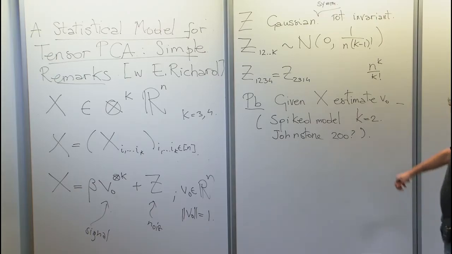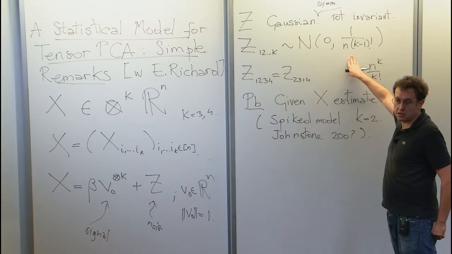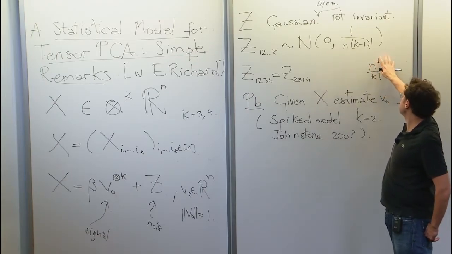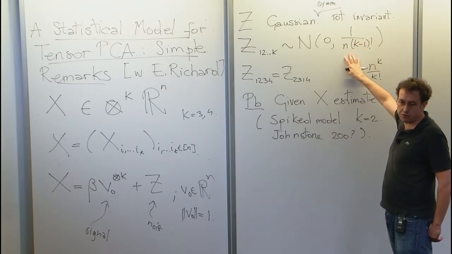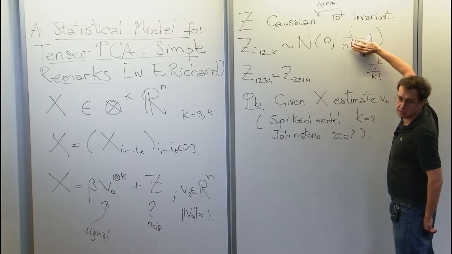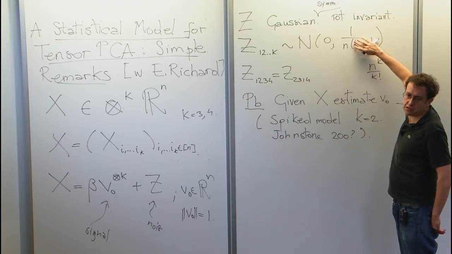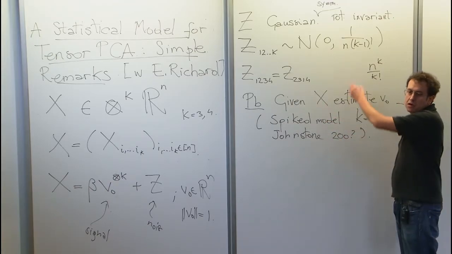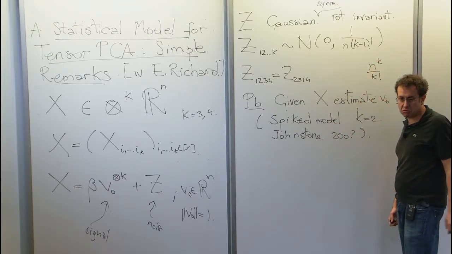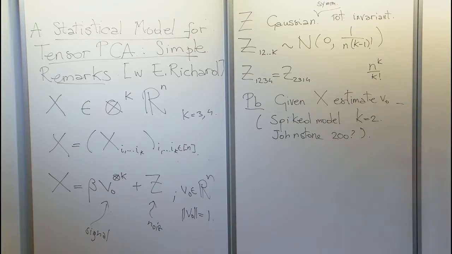Z is Gaussian and has n to the k entries, and each entry is of order 1 over square root of n. Forget about the k minus 1 factorial. Most of the time I'm going to be interested in 3 and 4, so this is a constant scaling, right? Yeah, I'll chase constants in some of the results, but not in all of them.